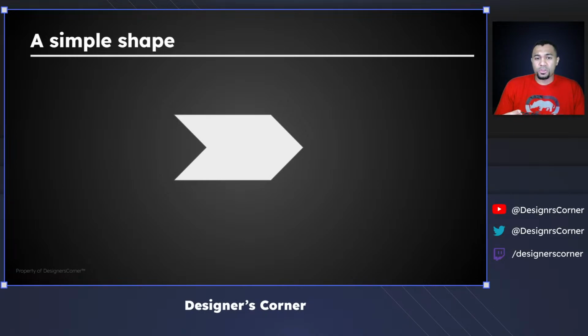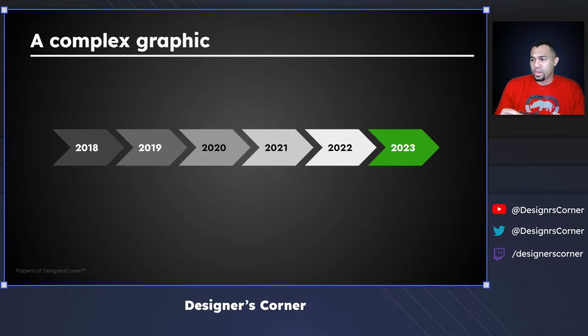With those lines, it dynamically pushes our attention, our vision, from left to right. And by stacking a couple of these together, we're able to achieve, in this case, a timeline. Using that simple arrow shape, we put one next to the next one, next to the next one, and we give it a label.